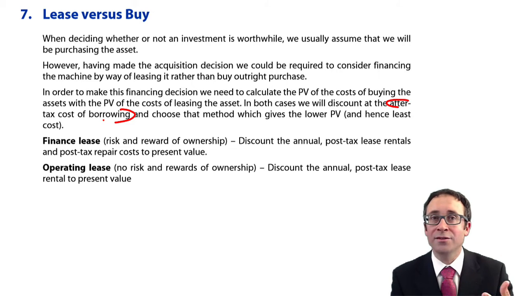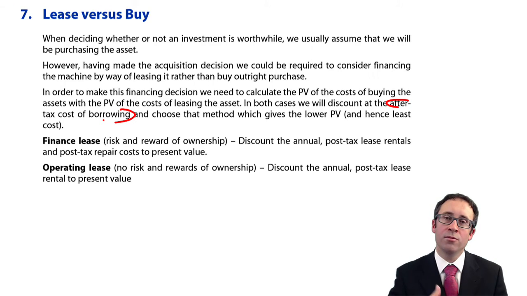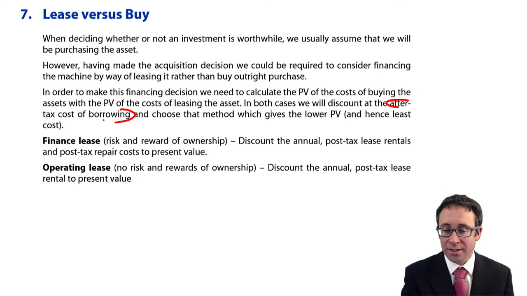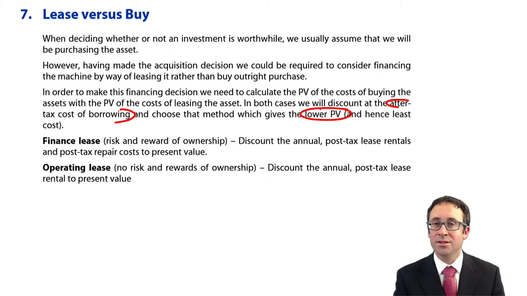Because when we're looking at the cash flows, we're looking at after-tax cash flow. So it matches up the cash flows and the discount rate that we use in our discount factor. We take the cash flows, we do the discounting, we look at the two, and then look at whichever gives us the lower present value, because that's therefore the cheapest.